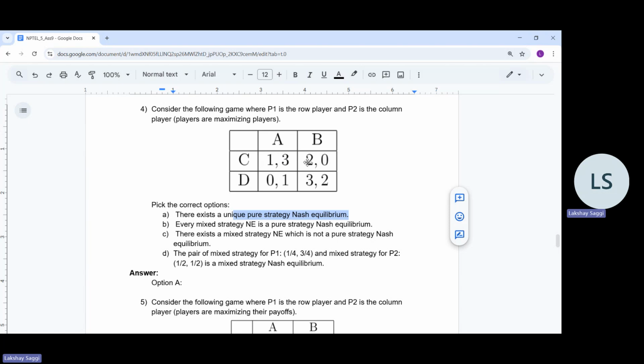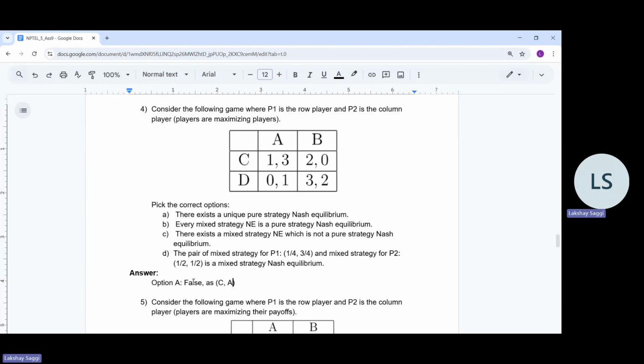So 1, 3 is a Nash equilibrium. As you can see, 0, 1 won't be a Nash equilibrium as the row player will have an incentive to switch. 2, 0 will not be a Nash equilibrium because the column player will have an incentive to switch. But 3, 2 will also be a Nash equilibrium because the row player's payoff goes from 3 to 2 on switching, so the row player does not switch. Similarly, the column player does not switch. So 1, 3 and 3, 2 are the two Nash equilibria. False.